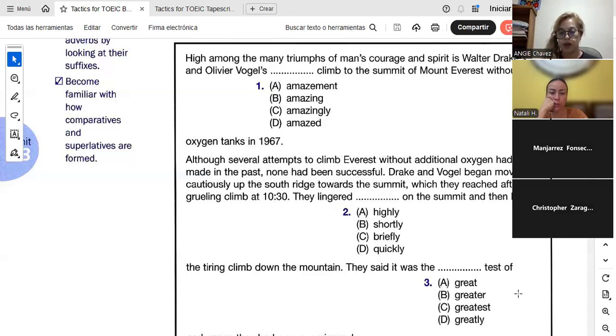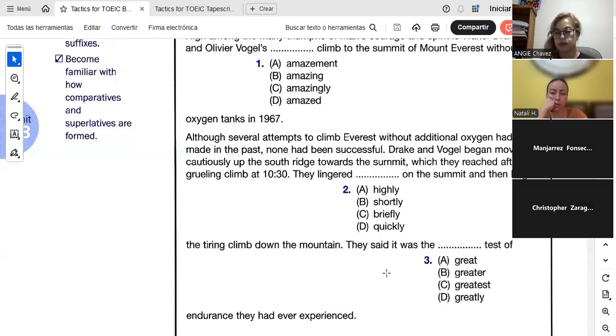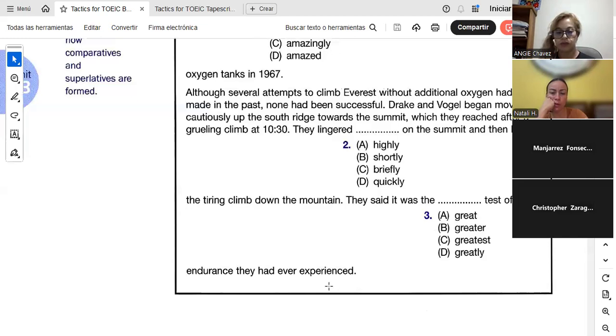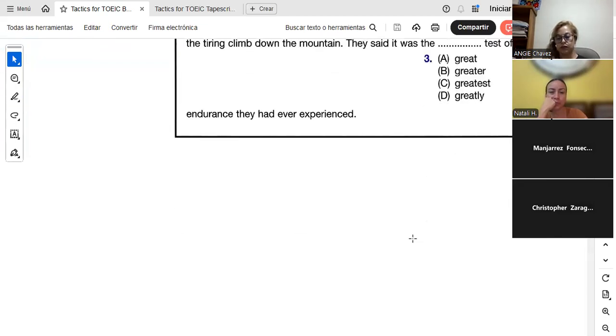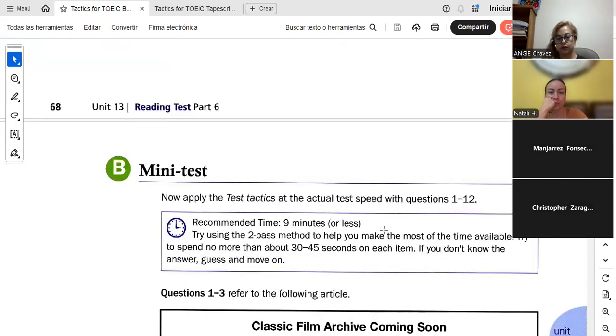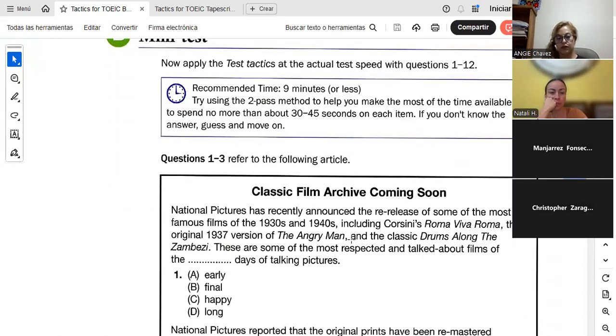The greatest. The greatest test of endurance they had ever experienced. Well, but in this case we are having this short text. What about in this mini test?